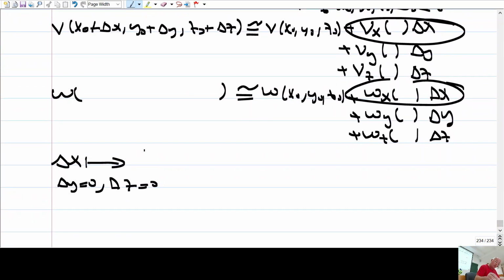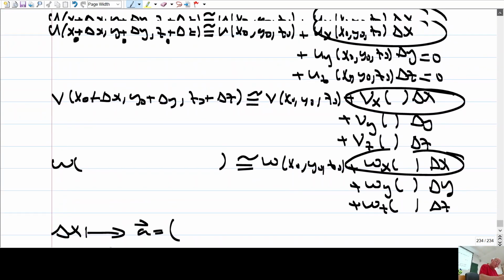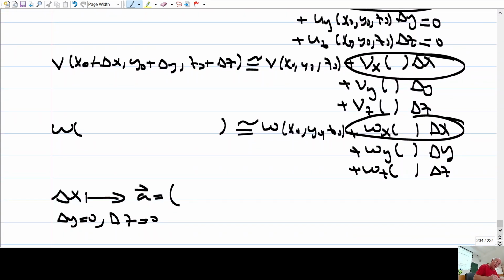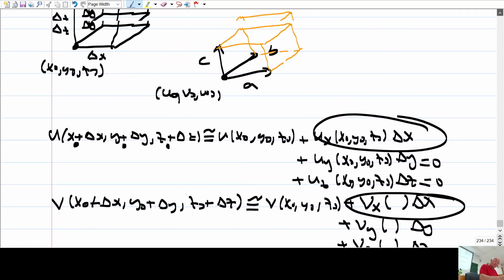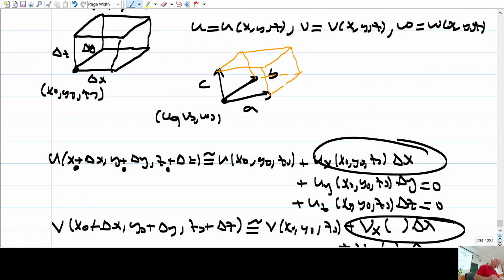So this will correspond to the vector A, which has U coordinate changed this much, then V, and then W sub x at x0, y0, z0, all multiplied with delta x. So A is this vector.